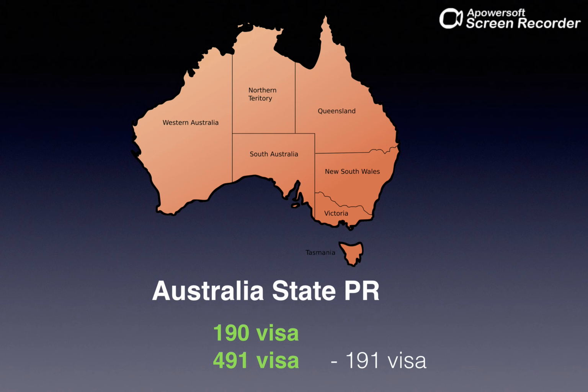But once you get the 491 visa, after 2 years, I think that now is gonna be after 16th November of 2022, you can apply for a 191 visa for permanent residency of that particular state. Again, it depends on that state and its requirements, or maybe some occupations are not even eligible to apply for a state PR in particular states. So it's better to check the websites of those states.